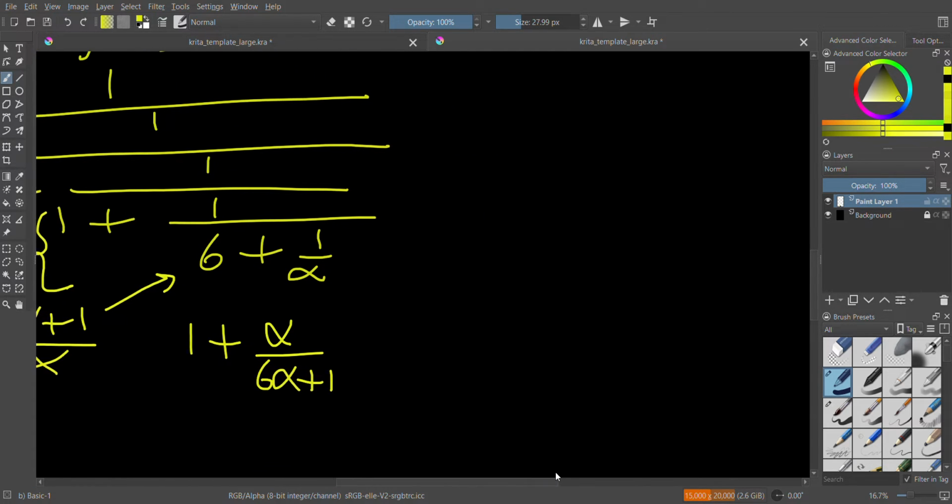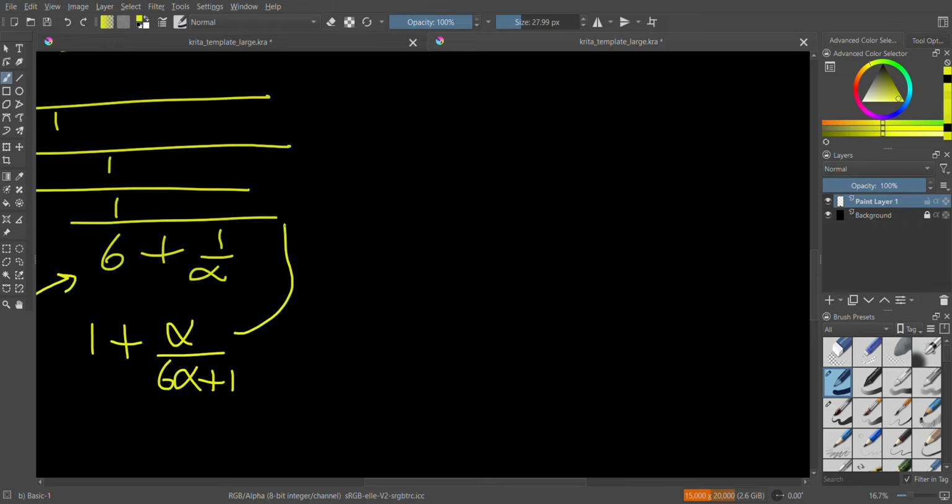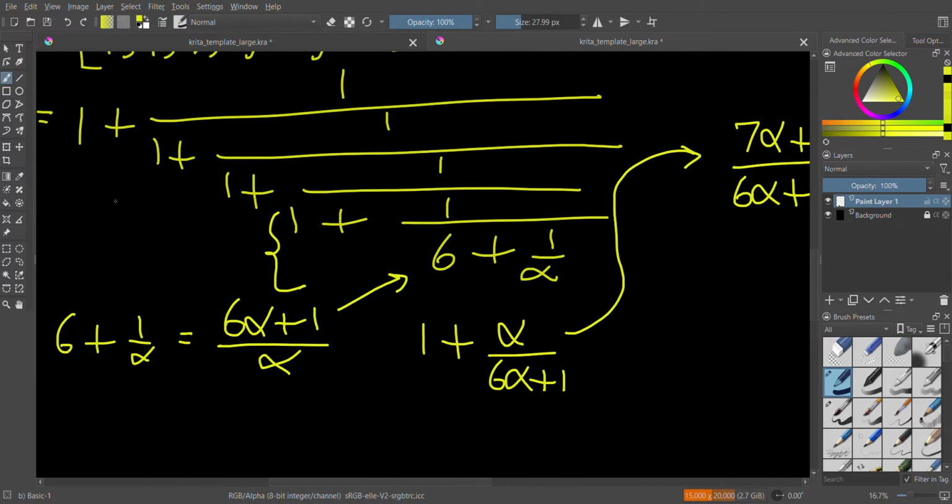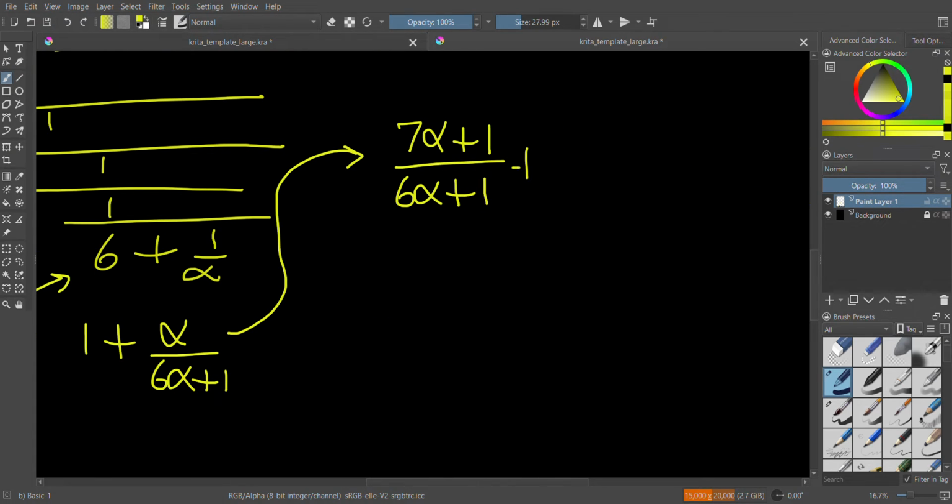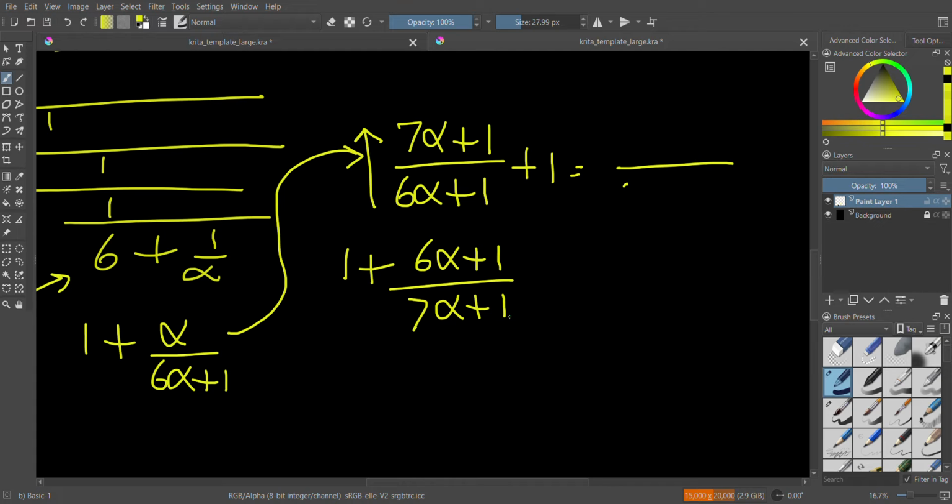Okay, so this is 7 alpha plus 1 over 6 alpha plus 1. And then I had to flip this. So this is really 1 plus 6 alpha plus 1 over 7 alpha plus 1, which becomes 13 alpha plus 2 over 7 alpha plus 1.